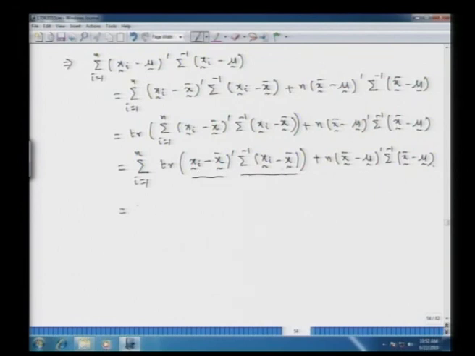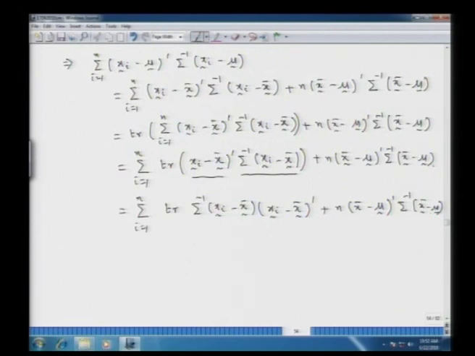So this would be given by summation i equal to 1 to n trace of sigma inverse (xi vector minus x bar vector) multiplied by (xi minus x bar) transpose. The second term is left untouched: (x bar minus mu) transpose sigma inverse (x bar minus mu).